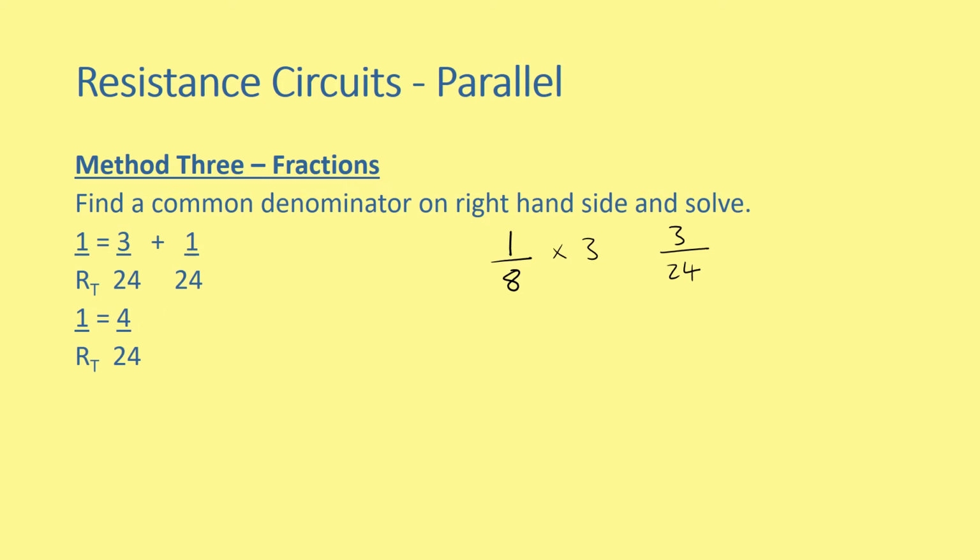So 1 over RT is equal to 4 over 24, and then we flip. If 1 over RT is equal to 4 over 24, RT, or RT over 1, is equal to 24 divided by 4, which is equal to 6 ohms. Quite often, people find method 3, the fractional method, the simplest way to solve resistance circuits in parallel.